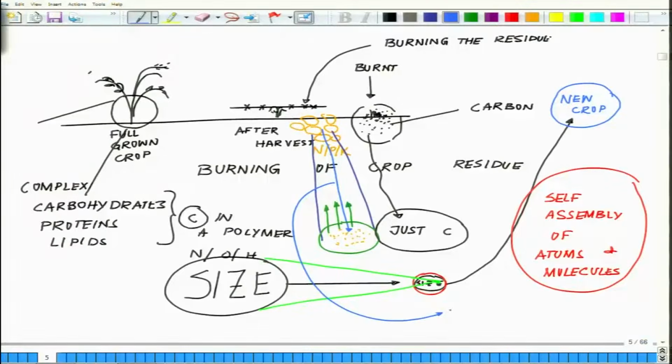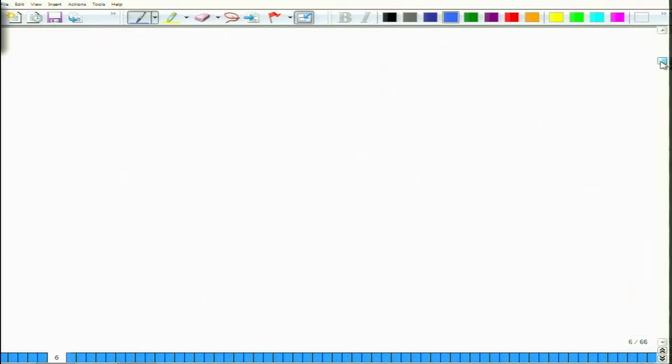You are changing the surface area to volume ratio. In other words, now we are talking about something which has much more exposed surface area. Say for example, just think of this situation. I have a box like this in front of you, and this box has these atoms like this. So the pink ones are the atoms. I'm not doing it in 3 dimensions, I'm just showing it in 2 dimensions.